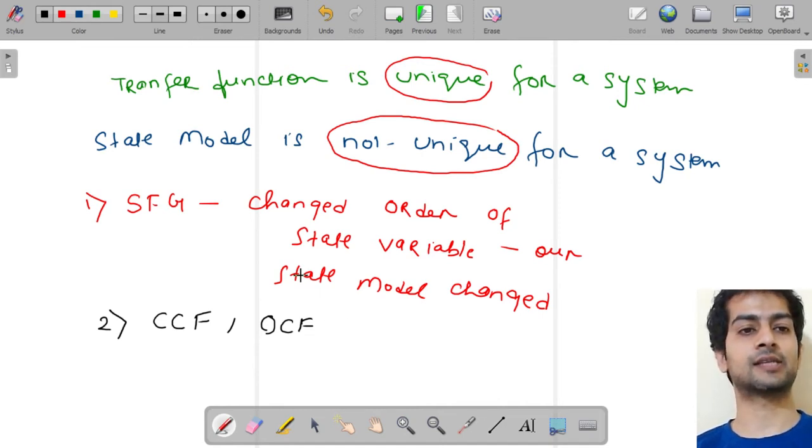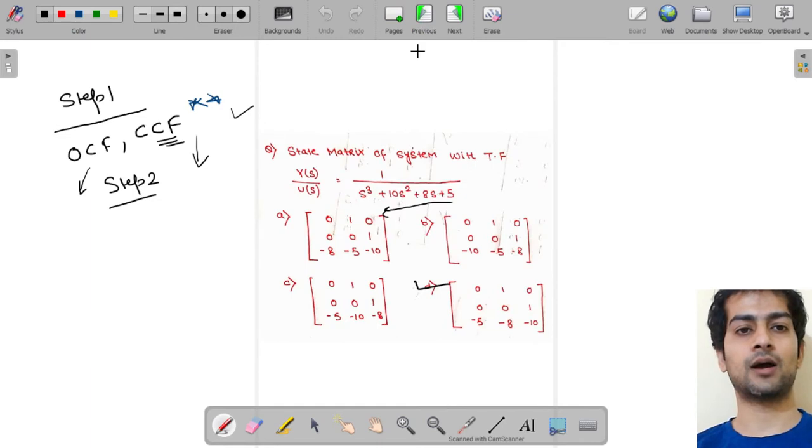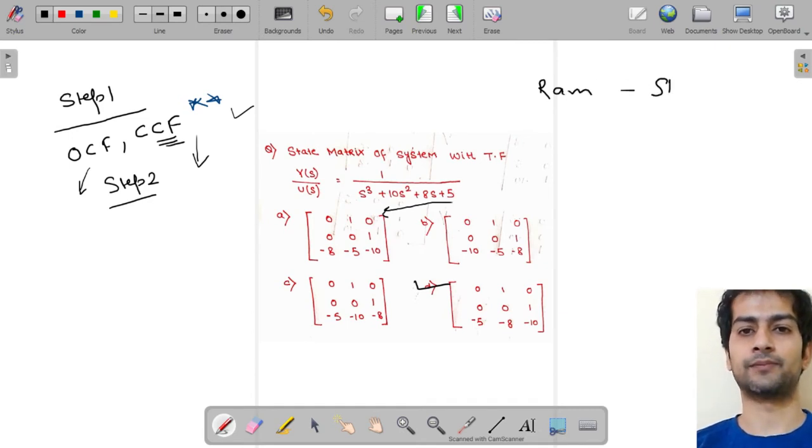That's why it is said that the state model is not unique. Now coming to your question that I was discussing here, you may ask, sir, if we are given one option of OCF and one option of CCF in the same question, is it possible? I told you not possible. See why. Suppose there are two brothers, Ram and Shyam.